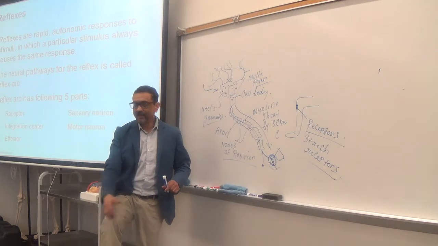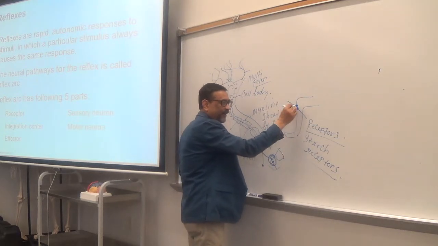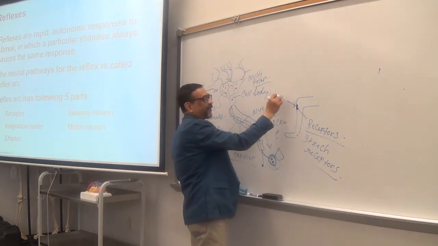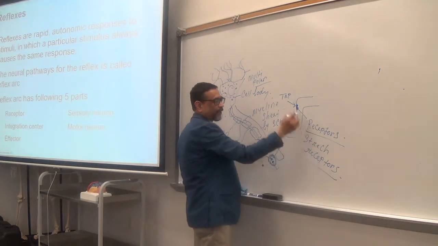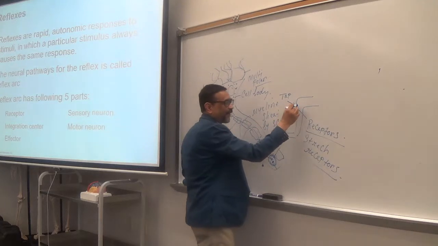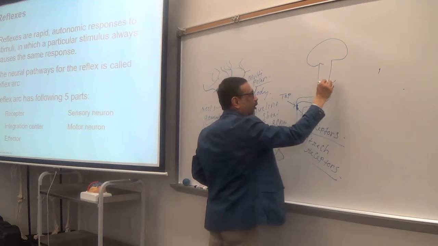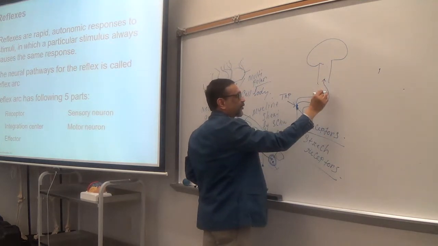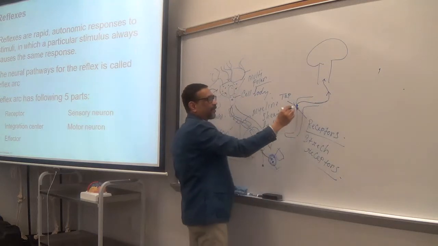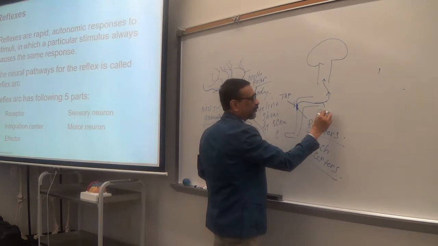When I hit here, those receptors are activated. Okay? So when I tap here, the receptors of patellar ligament are activated. And signal goes to the spinal cord, this is the spinal cord. Okay, so signal goes to the spinal cord from the receptors, and that is sensory input. You know that.